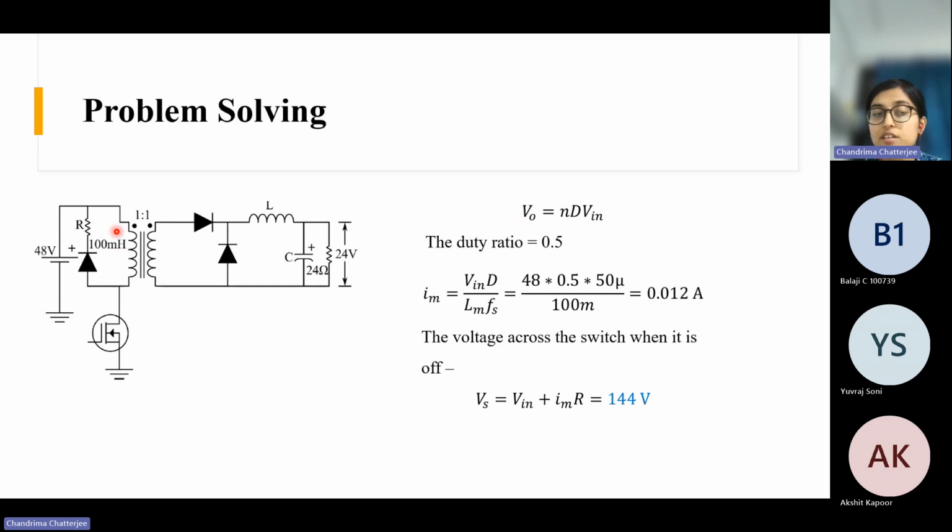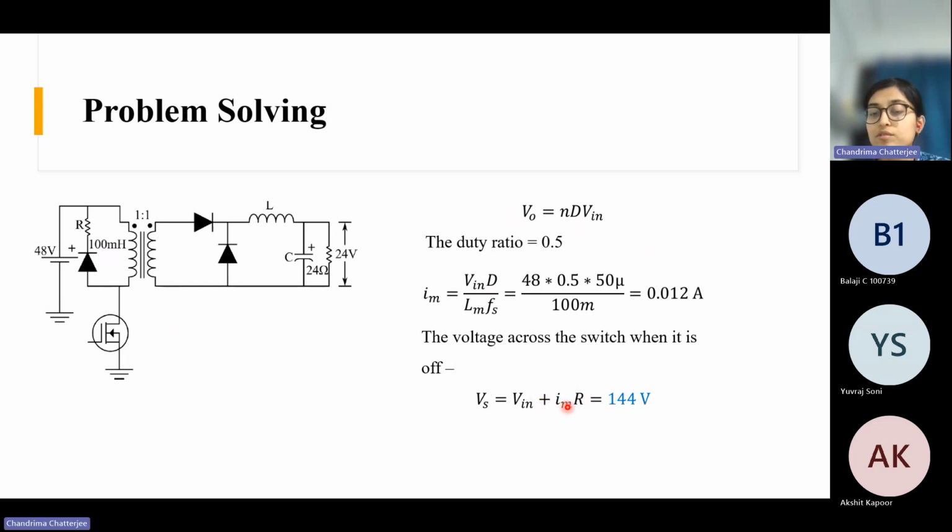The magnetizing current flows through this transformer, and the voltage applied across the magnetizing inductance is V in. So L dI by dt is equal to V in, where your delta I is nothing but the magnetizing current because it starts from zero, and your dt is DTs. DTs is D by fs. So from here you can find out the magnetizing current value Im, the peak value basically, that is 0.012 ampere. And therefore the voltage across the switch is V in plus Im R.